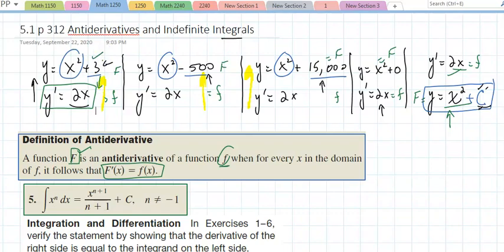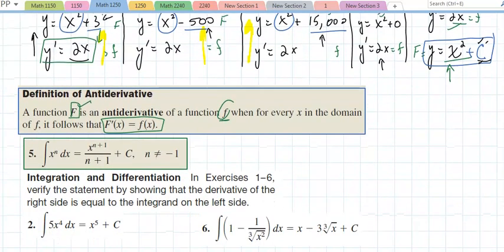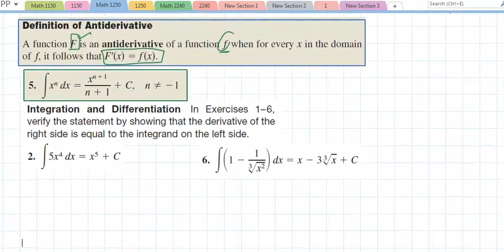Now we're going to start with the most basic rule, and this is the term that comes up a lot more than others. An antiderivative is going to be denoted by this symbol, which is an integral. And when you integrate, that's called integration.